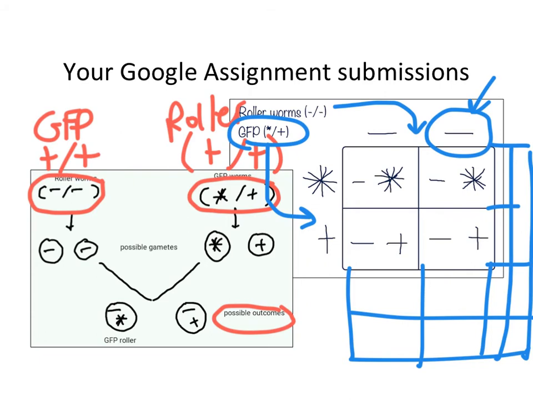Could be either. So that's my question. When you set up a dihybrid Punnett square, you have to tell me for every one of those columns and every one of those rows what's happening at both genes, not just one.